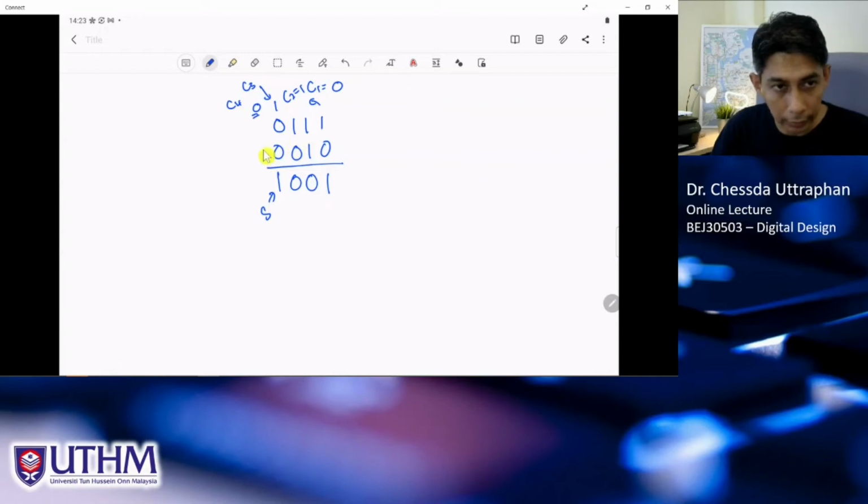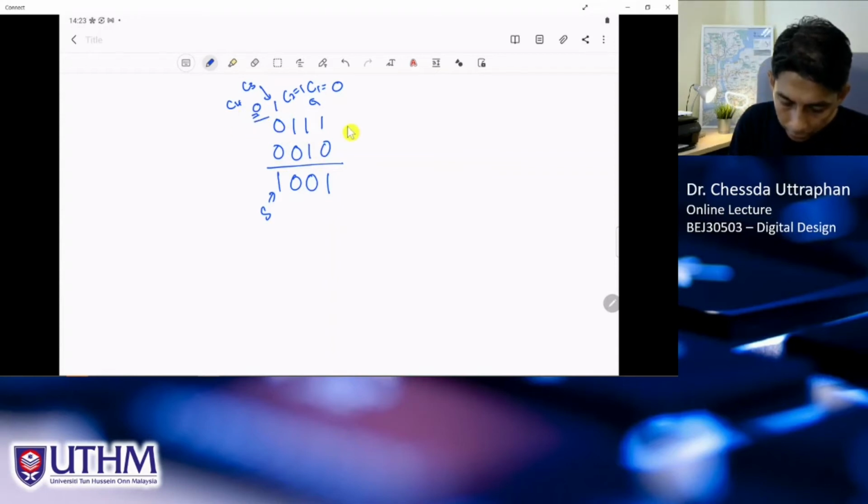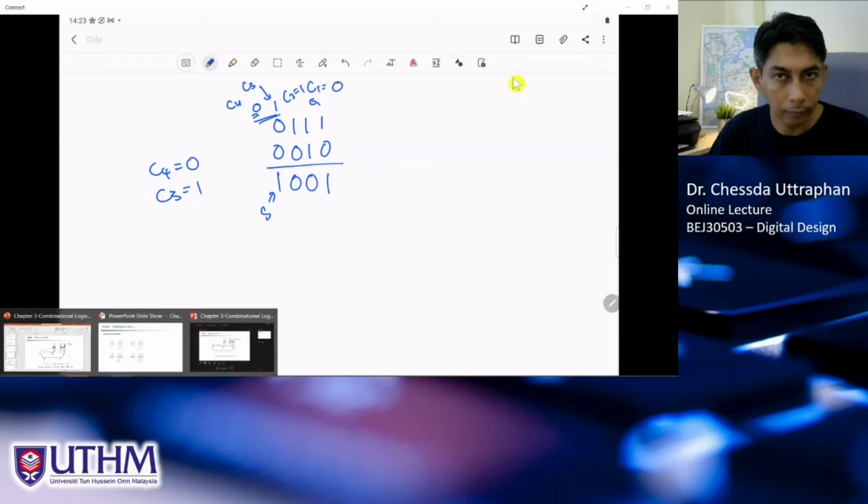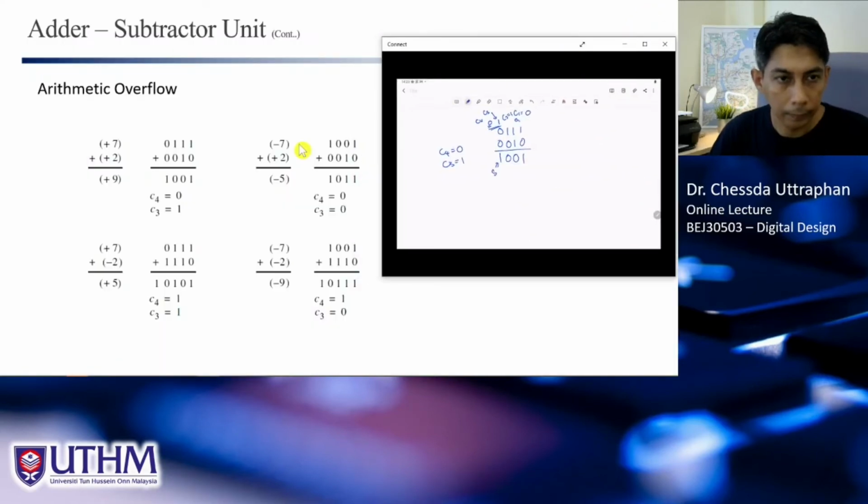Yeah, C4 is the carry from this operation. At this we have C4. So in this case, we observe these two signals, C4 equal to 0, C3 equal to 1. Right? So we have C4 equal to 0 and C3 equal to 1 in first case.